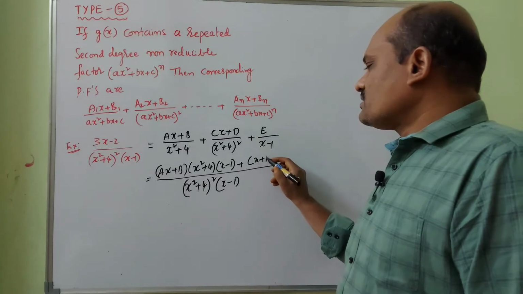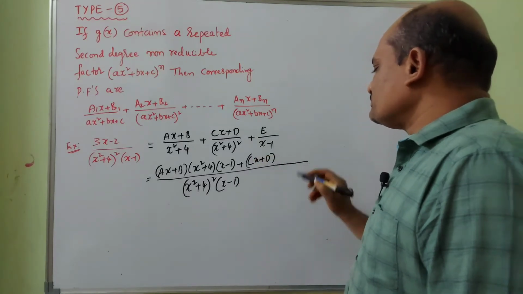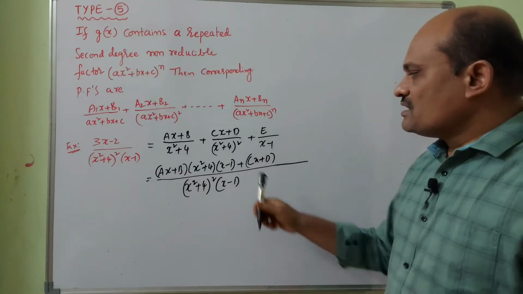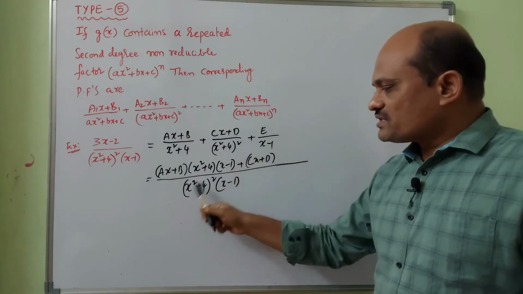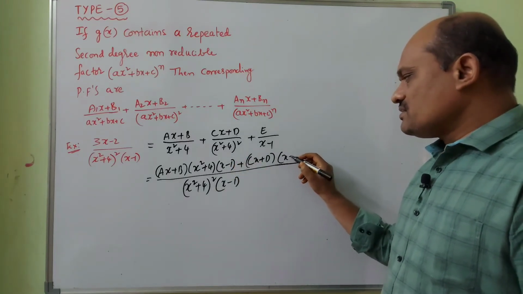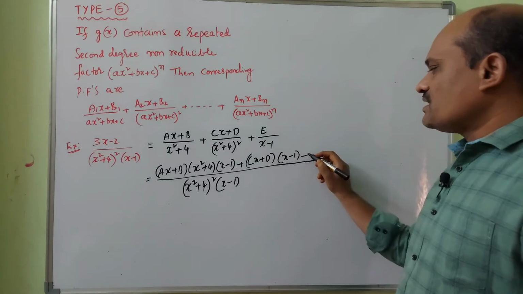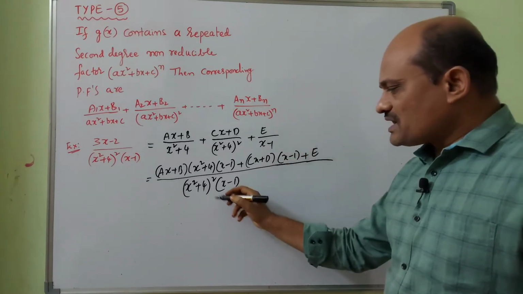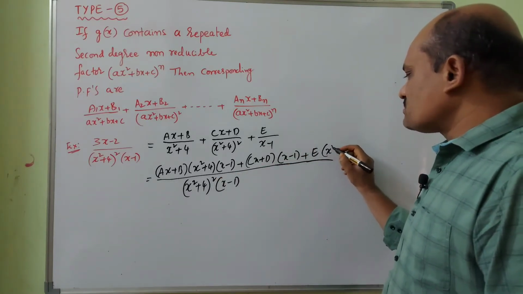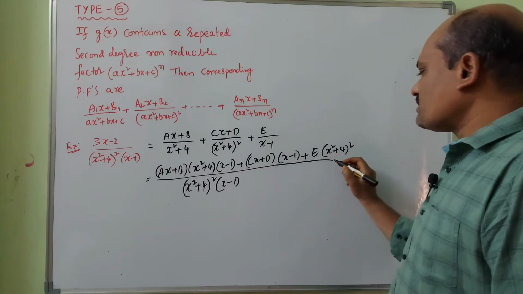Now here (cx plus d) into, (x square plus 4) whole square cancels, you will have to write only one factor x minus 1. Here e into (x minus 1) cancels, so you will get (x square plus 4) whole square.